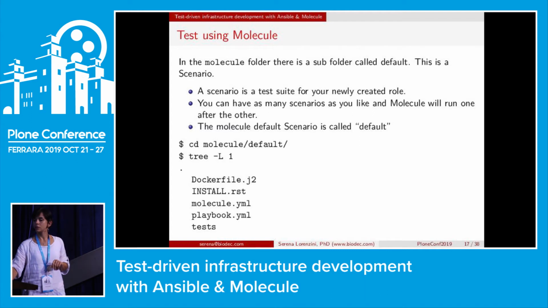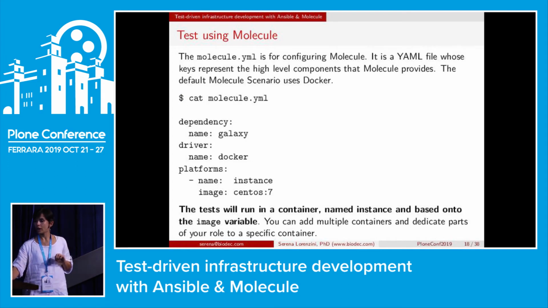What is needed for running tests in Docker? Well, a Dockerfile that creates my container, a molecule.yaml file, and the playbook.yaml file that calls the role that we have just seen. The molecule file tells Ansible that we have a platform to run this test, and this platform is a CentOS 7 image.